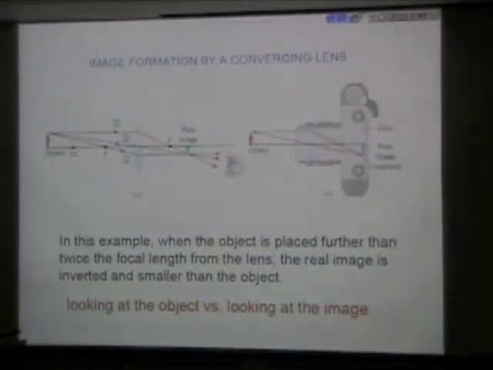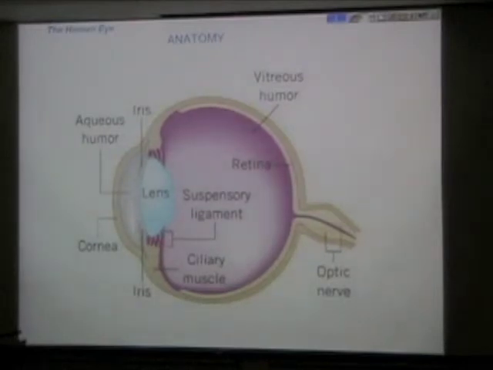The image has to be real. So in that case, we could use a photofilm or a special light-sensitive screen in a digital camera. And the real image results in some chemical reaction if you use a photofilm, or some electrical signals if you use a digital camera. And our eye is an additional optical device we use.